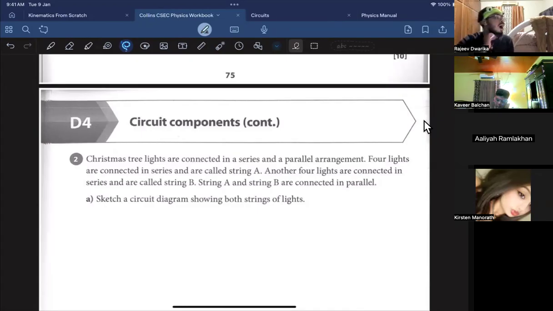Christmas tree lights are connected in a series and parallel arrangement.